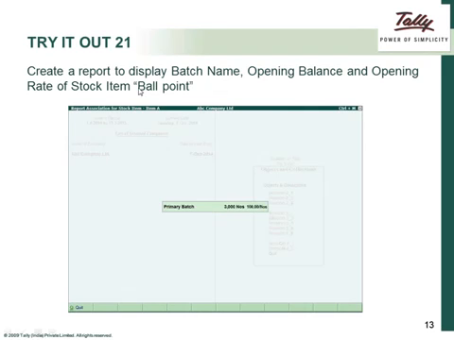Now, an opening balance can be one for that particular stock item, correct? But is it necessary that I will have only one batch for that stock item? Or will I have multiple?